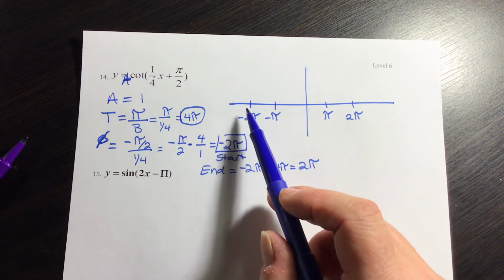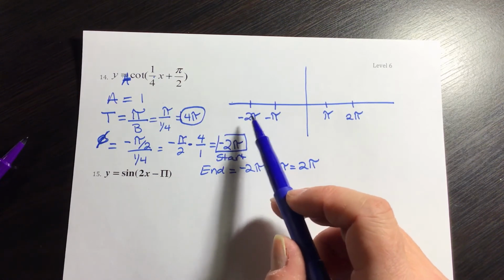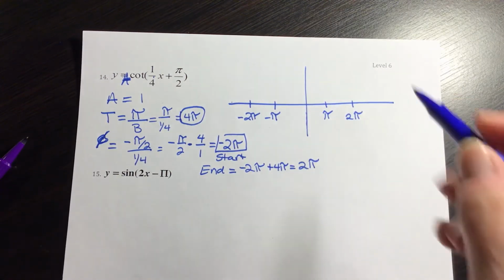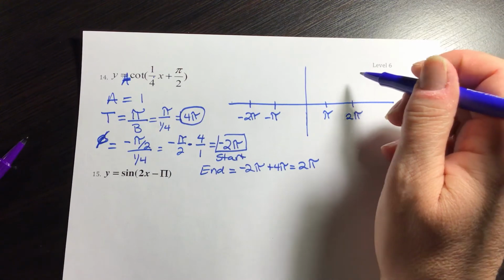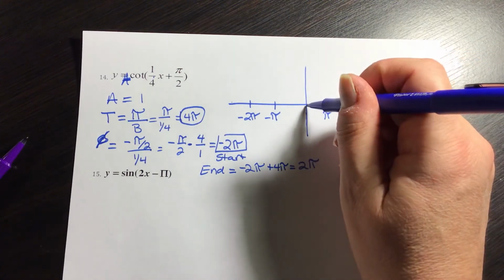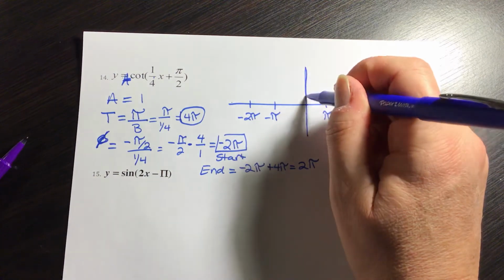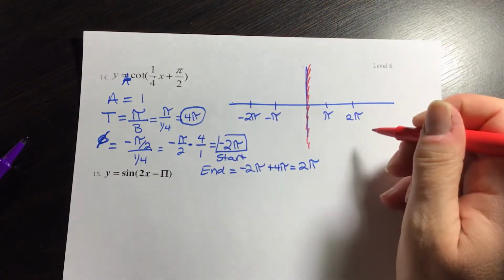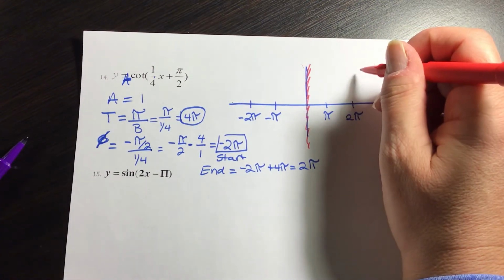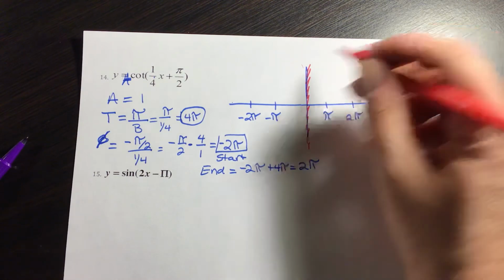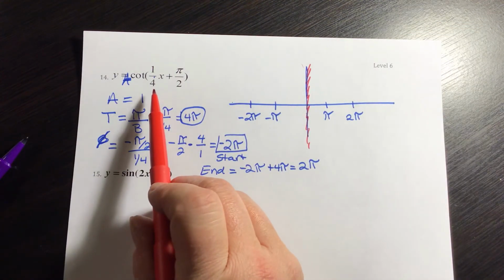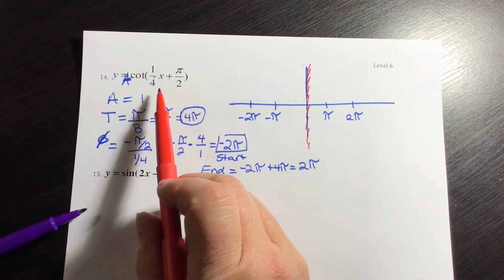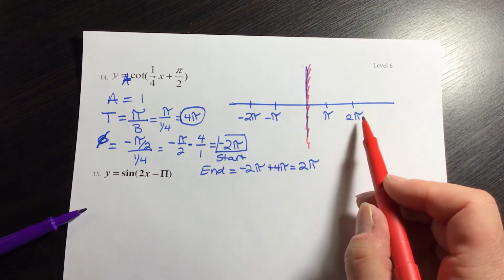All right, so cotangent has asymptotes at 0 and multiples of pi, okay? So in this case, it's going to be 0, the axes, that's an asymptote, and then I'm going to have another asymptote.